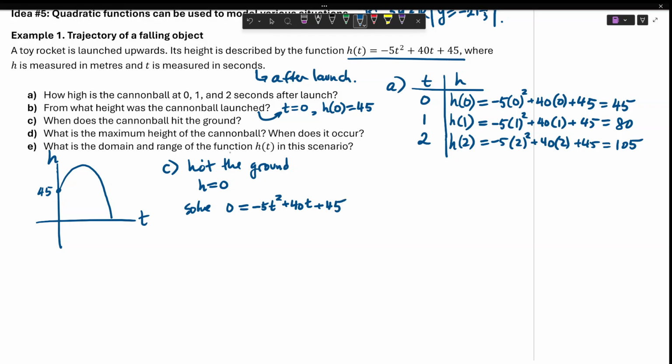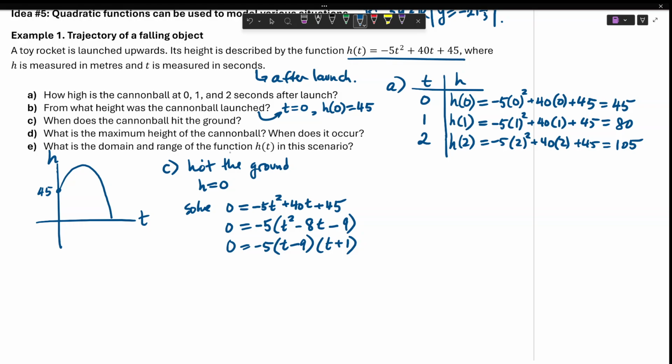You can solve this any way you like. In this case, you can actually factor it, so there's no need to use the quadratic formula in case that's the first thing that you think of. Let's notice you can factor out a -5 from everything. You're going to get t squared minus 8t minus 9. And you can factor this as well into t minus 9 and t plus 1.